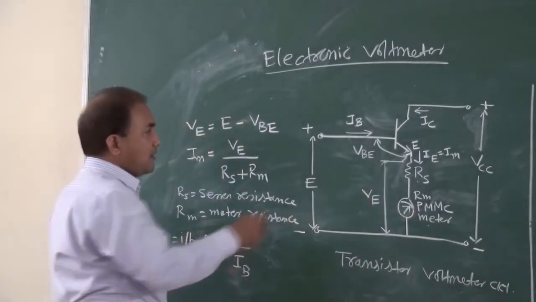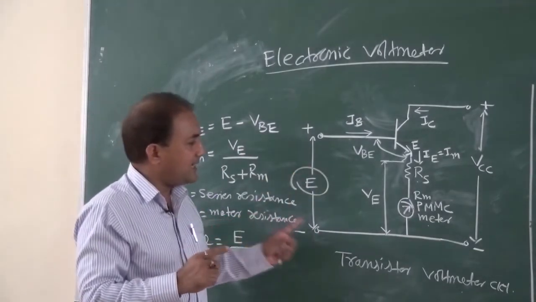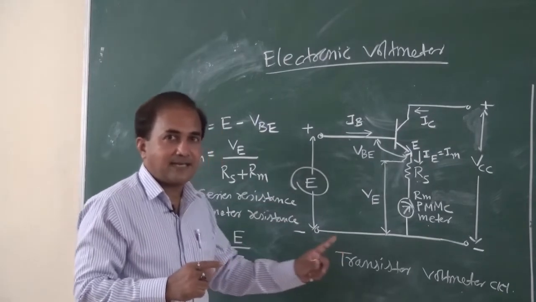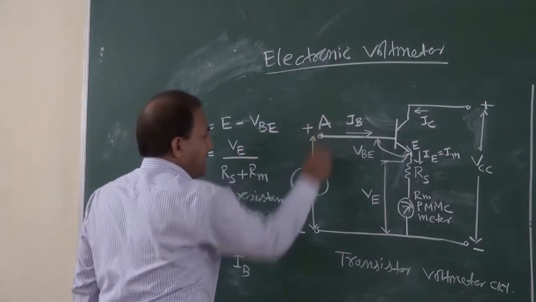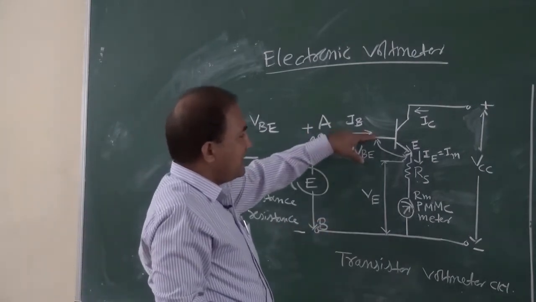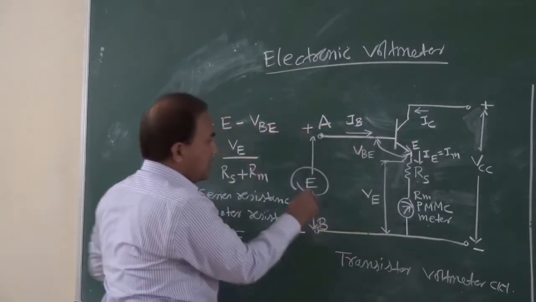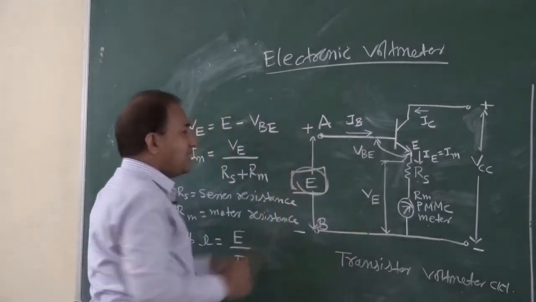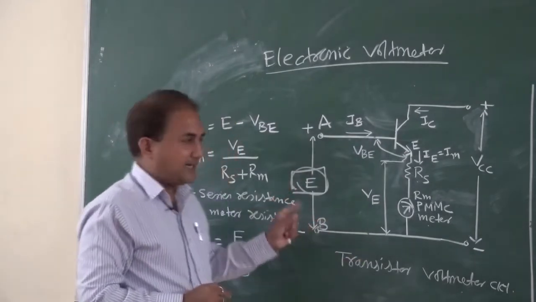Now the voltage that we want to measure by using this transistor voltmeter circuit, E, is applied across A and B, across the base and the emitter.